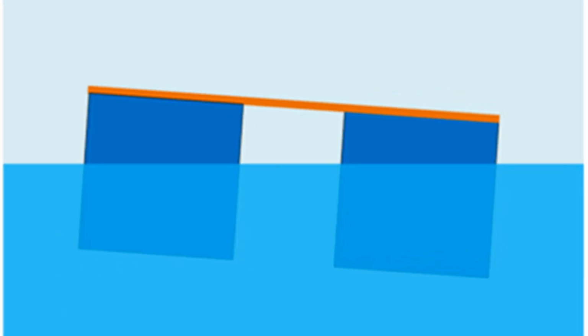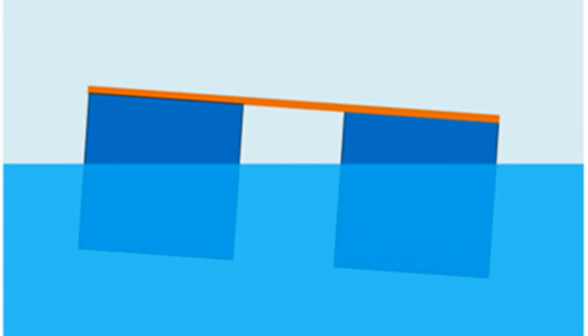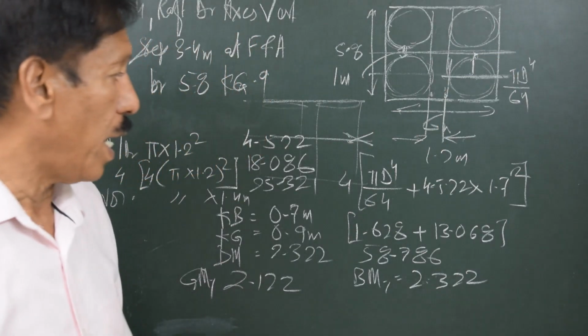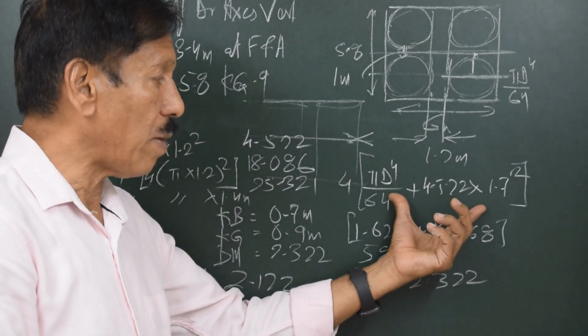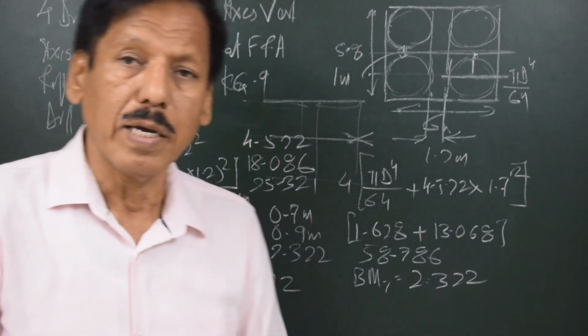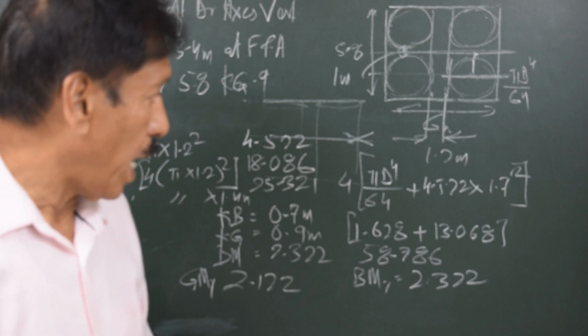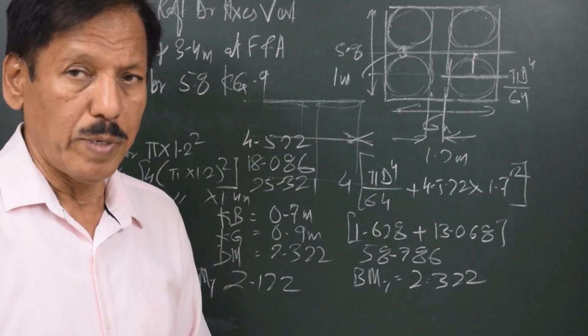Now the main calculation is, what is the moment of inertia of one circular waterplane area about its own axis, that is pi d raised to 4 upon 64. If I transfer it to the common center line, I get some moment of inertia about the common center line. If I multiply by 4, I get total moment of inertia contributed by the circular planes about the common center line. And we know total moment of inertia divided by underwater volume gives you BM transverse.